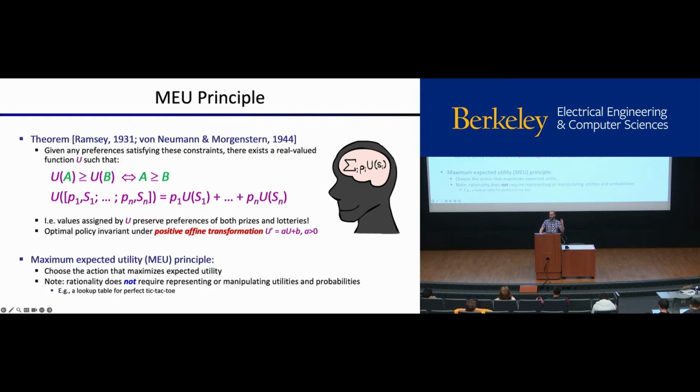You could somehow, a bit miraculously maybe, be coming up with the actions that are maximizing expected utility without ever having thought about that being your purpose. So for example, a lookup table can play perfect tic-tac-toe and maximize expected utility if its utility is about winning, all without ever thinking about utilities or probabilities or anything like that.